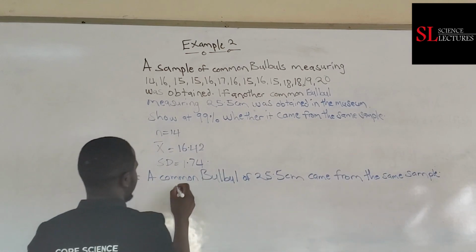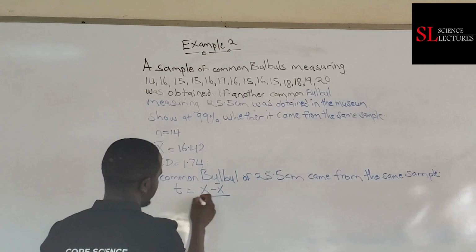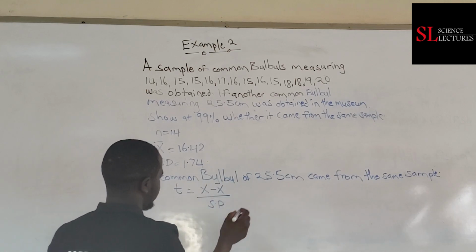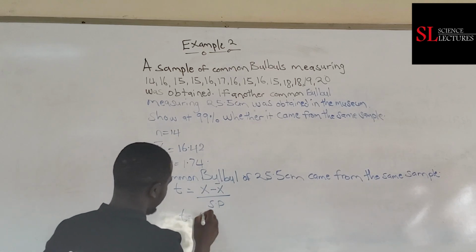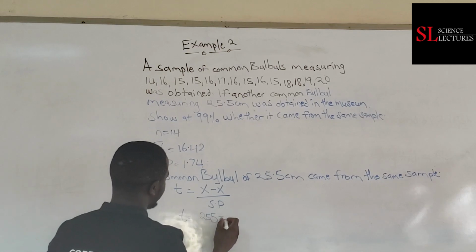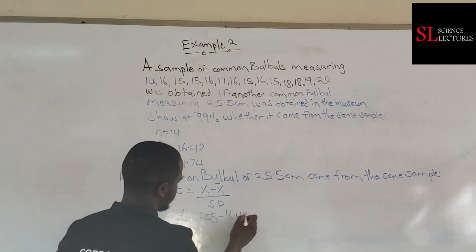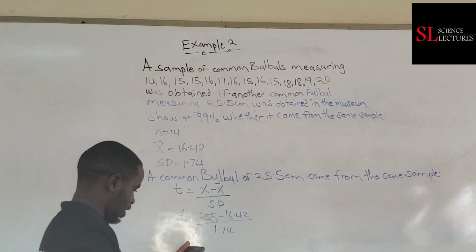So I say my t is equal to my value minus the mean divided by the standard deviation. T is equal to 25.5 minus 16.42 divided by 1.74. Simple math.